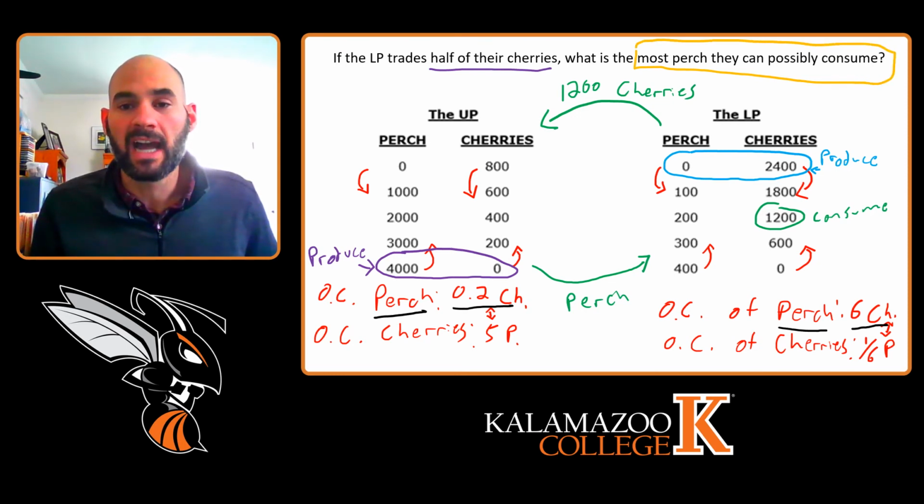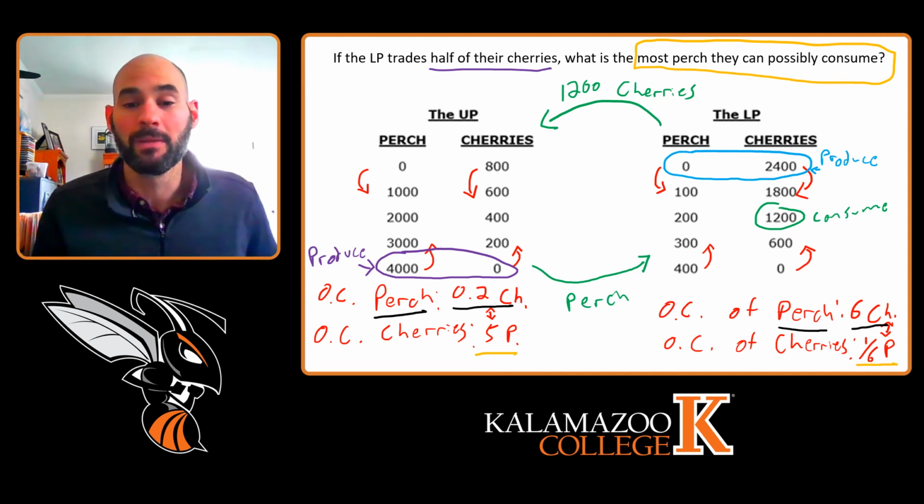And so we're not going to look for the midpoint of the terms of trade. We're going to see what is the maximum perch which will be willing to be paid per cherry. And so here we can see that the terms of trade for cherries must fall between 5 perch per cherry and 1/6 of a perch per cherry.